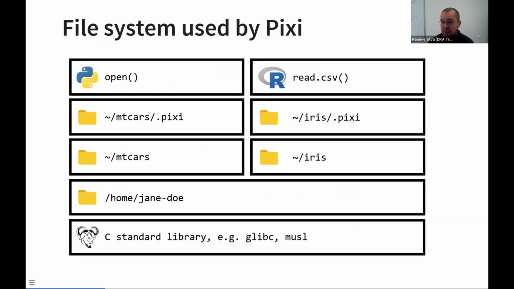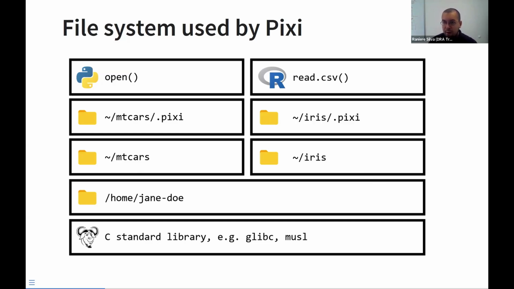So how does Pixi organize things? Given that you have your home directory and your projects, in this case there's empty cars and iris as your projects. Pixi will create a hidden folder called .pixi that stores some libraries that you install. It follows conventions of other package managers to keep the dependencies for your project in your project.